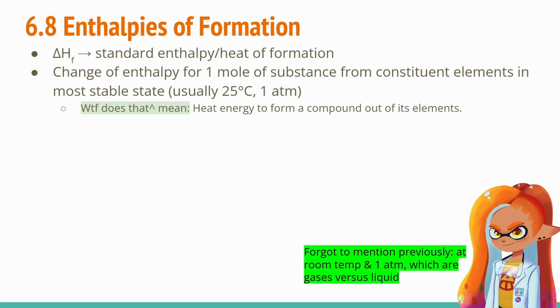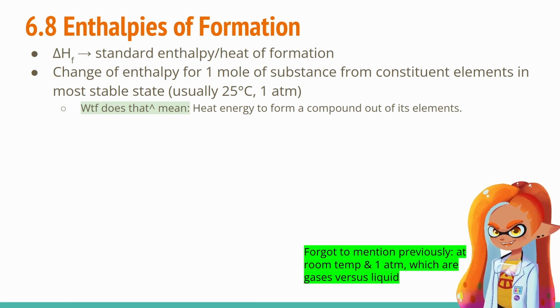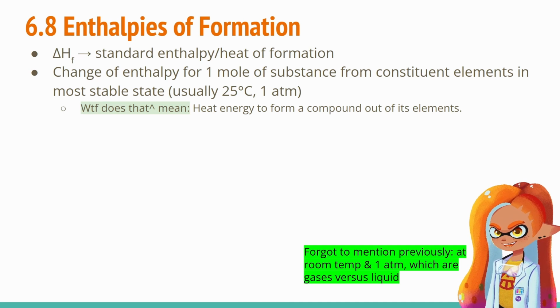Now, what the heck does that mean? Think of the heat energy involved when you make something. Let's say we're making H2O. You've got your H's and your O's, and those are its constituent elements, and then you're trying to make H2O.